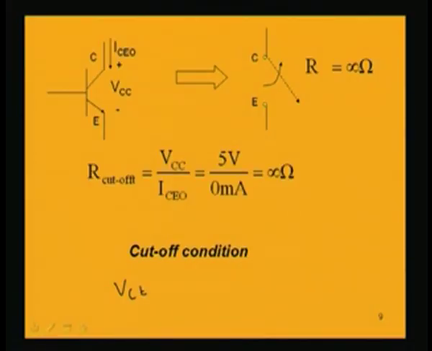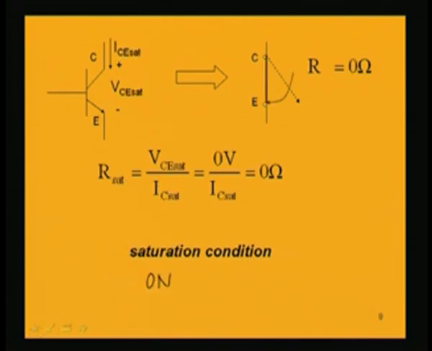Now, for example, if this saturation voltage VCE sat is not 0, even if it is some 0.1 or 0.2 volt, then the resistance offered will still be almost 0, a very small value, because IC saturation is a high value.